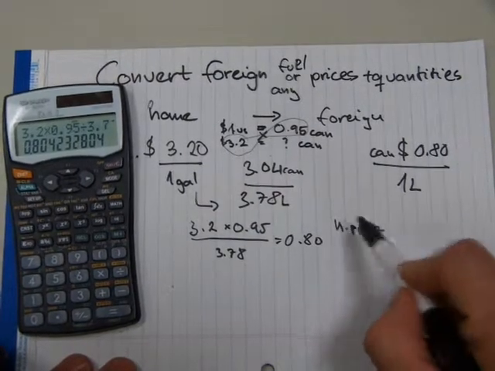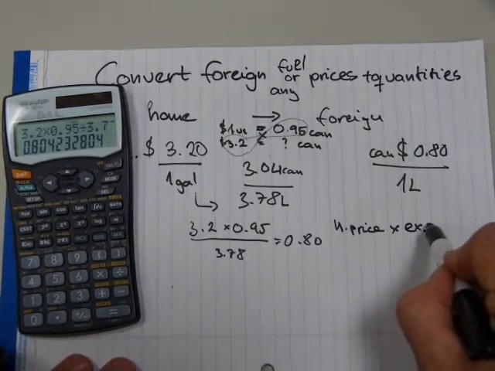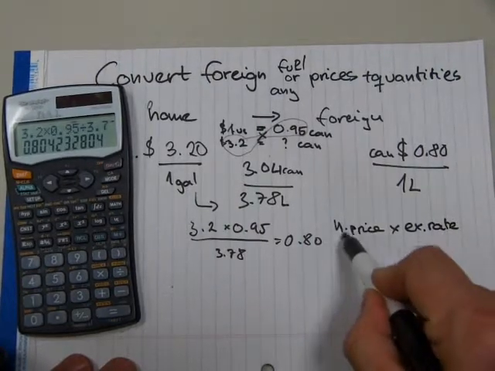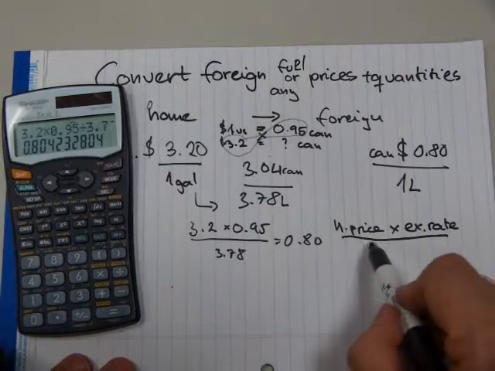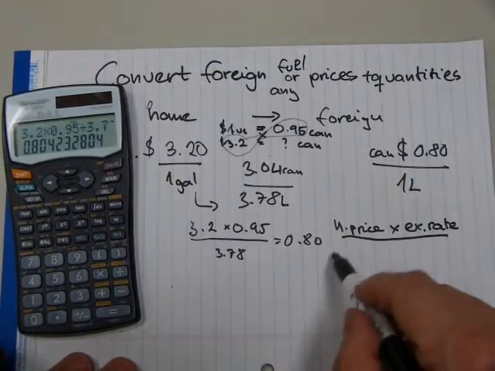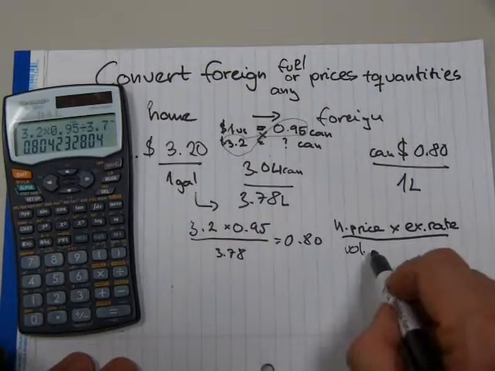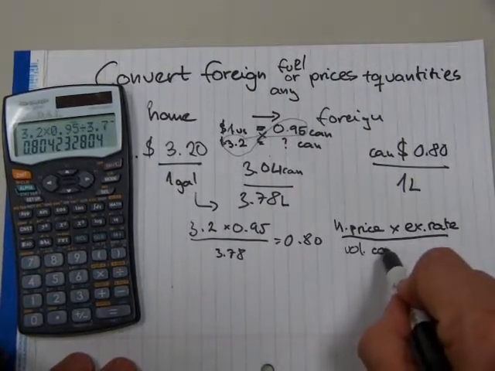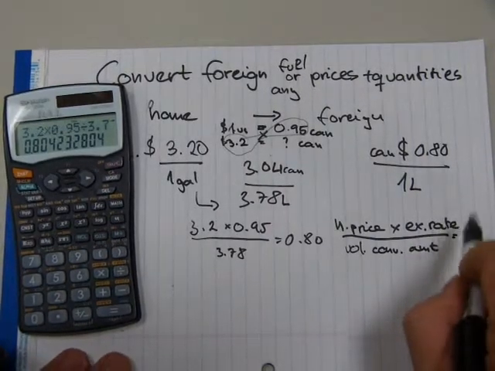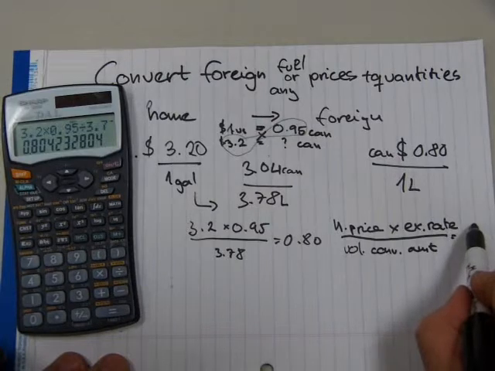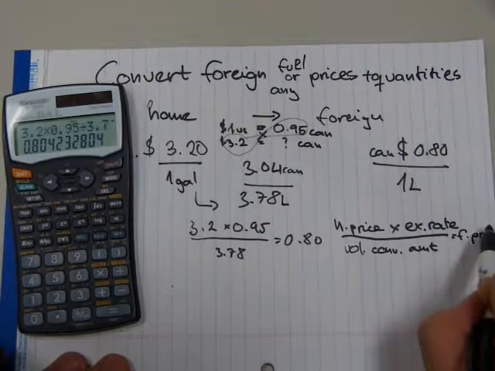Home price was multiplied by the exchange rate, and the product of this multiplication was divided by the, how do we call it, volume conversion amount, and we got the foreign price.